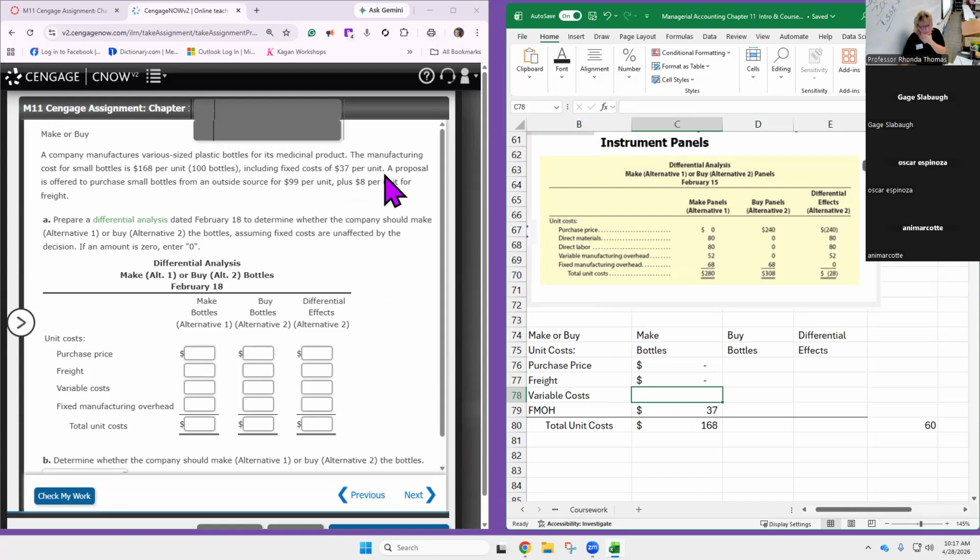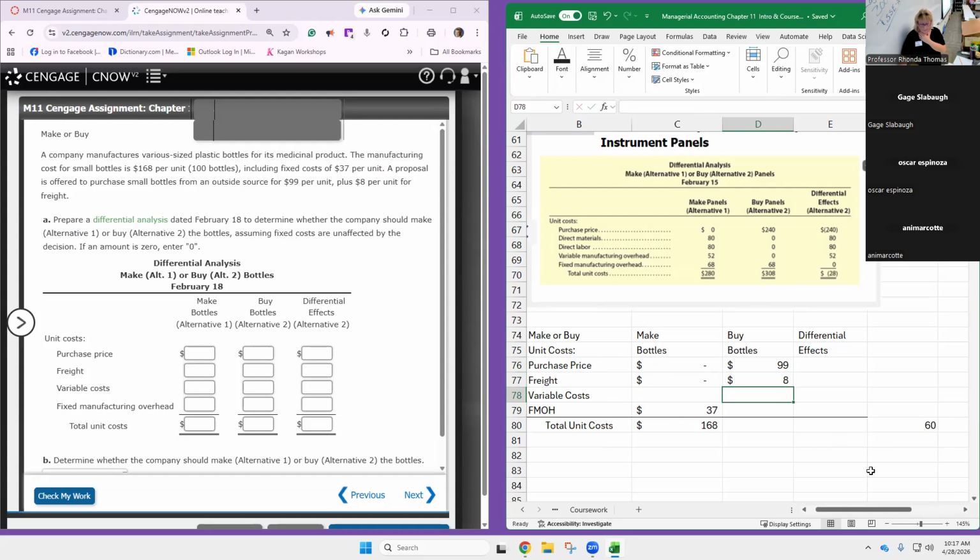Okay, so then it says, a proposal is offered to purchase small bottles from an outside source for $90 per unit plus $8 per unit for freight. So per unit is 99 and 8.